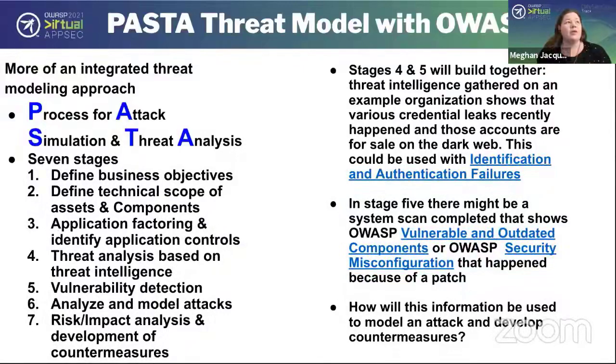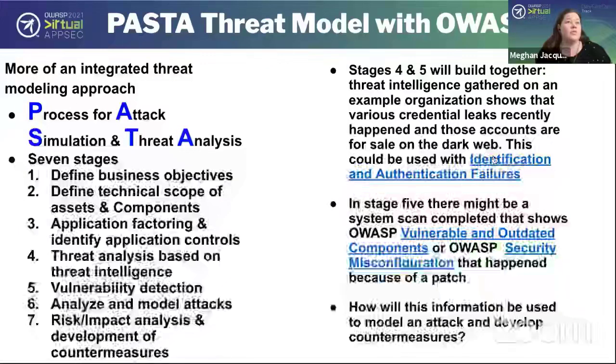Those credential leaks could be used with one of the OWASP Top 10, the identification and authentication failures, because they could be used for various attacks. It could be used for brute forcing. They could be used just for regular logging in to the accounts. So that could be one way that the credential leaks are used.